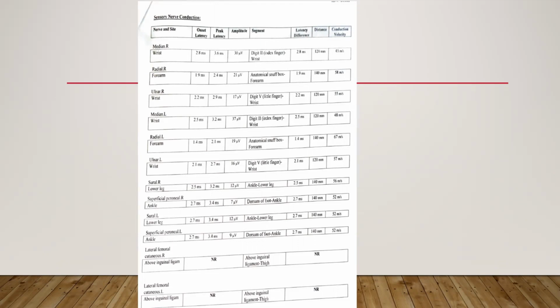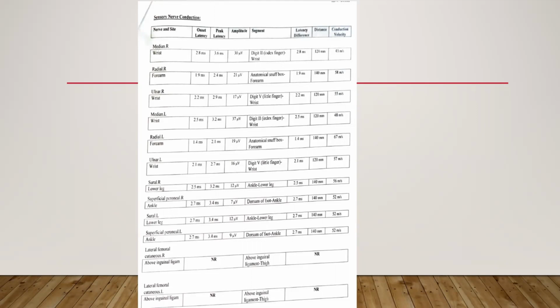Lateral femoral cutaneous nerve, which root value does it have? L1? No, it is L2, L3, mostly L2 and some part L3.